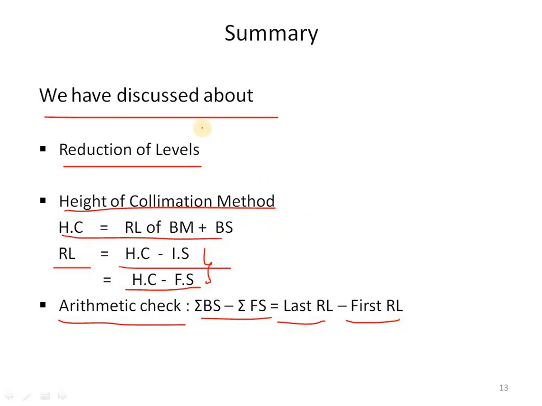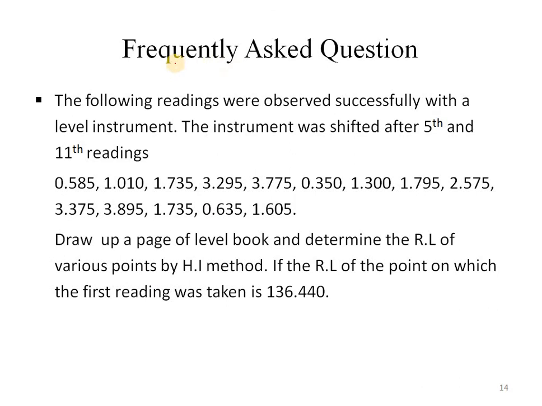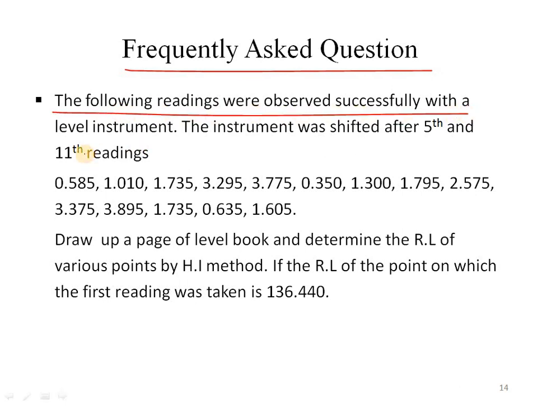So like this the problems will be calculated, and here are some frequently asked questions. An example problem is given, which you have to calculate as your assignment. The following readings were observed successively with a level instrument. The instrument was shifted after the 5th and 11th readings. So here, at the 5th and the 11th readings, it was shifted.